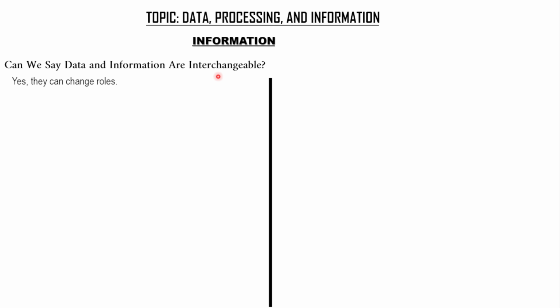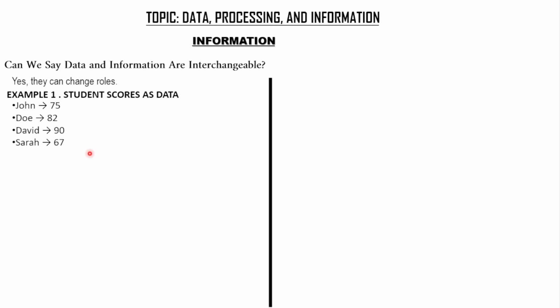Let's look at a simple classroom example. So let's take the student scores as data. Suppose a teacher has the scores of students in a class, right? 75, 82, 90, and 69.